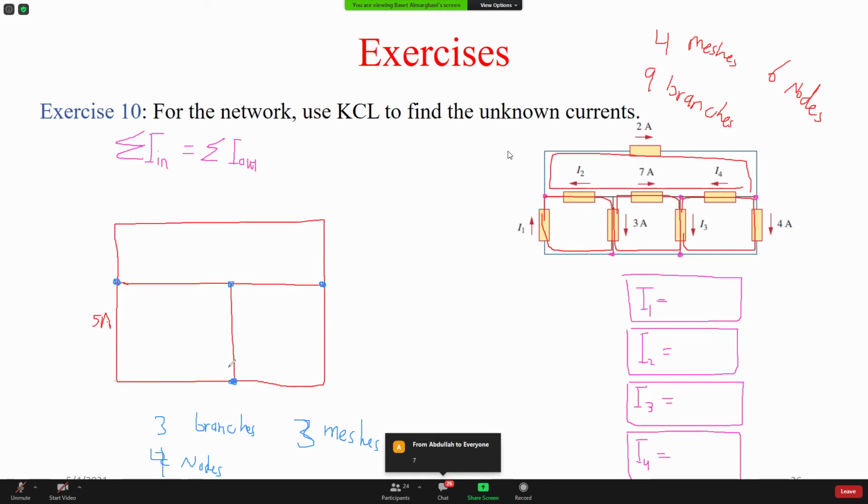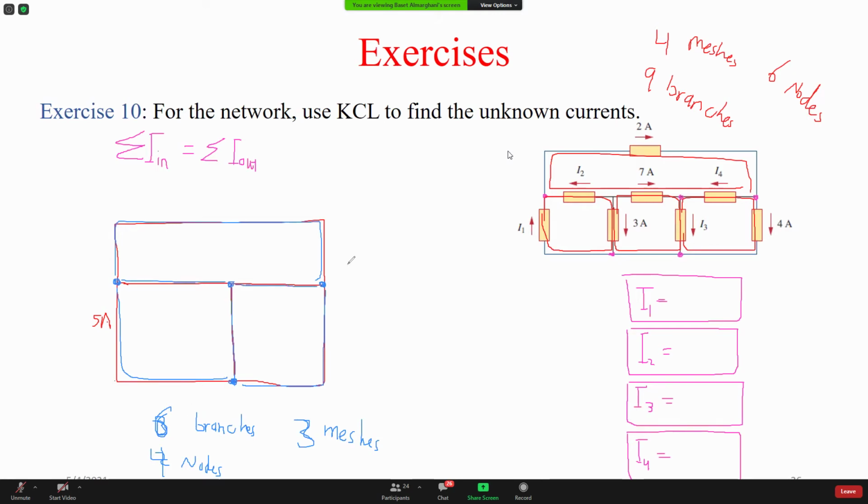Notice you can look, and so this is 1, this is 2, this is 3, this is 4, this is 5, and that is 6. So there are actually 6 branches. Remember, a branch is between 2 nodes, between 2 intersections.